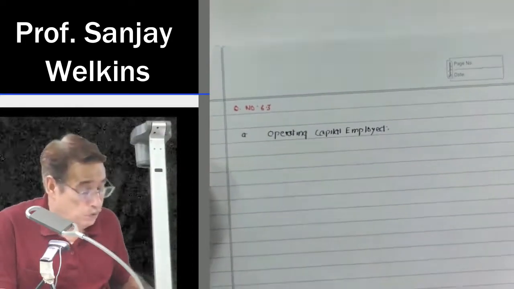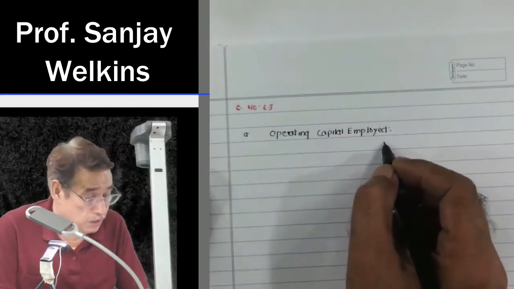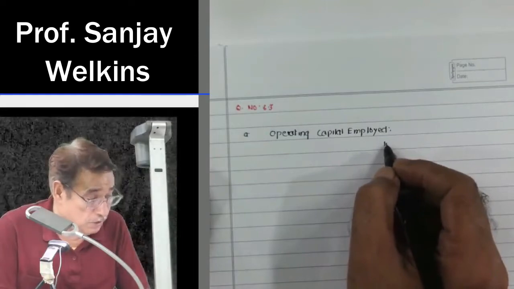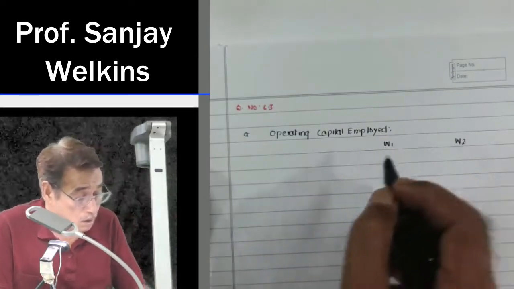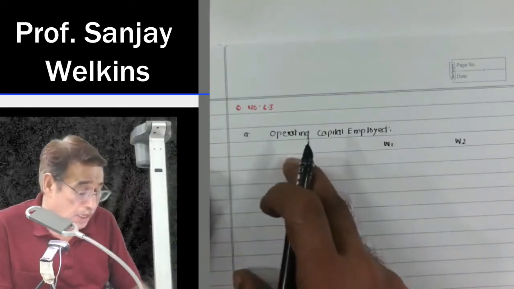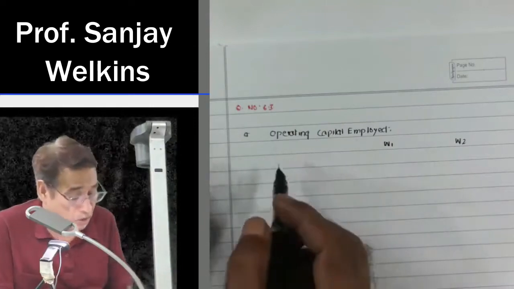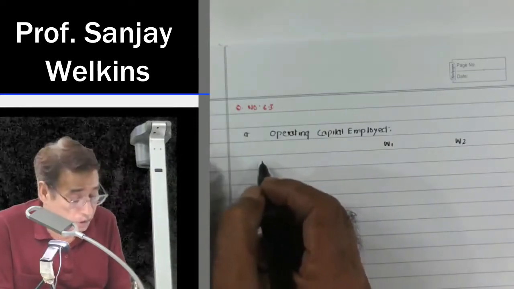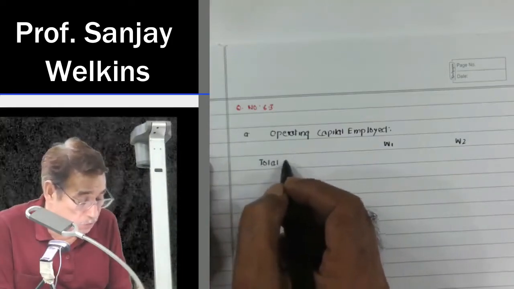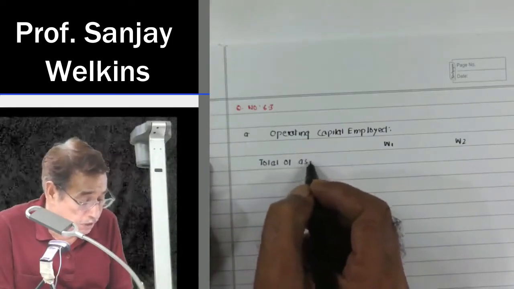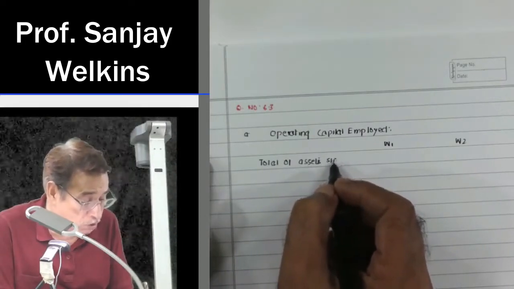In order to compute the operating capital employed, first of all I will write here F1 and then of course F2, W1 and W2, sorry. Actually, I will have to write all the assets, but instead of wasting our time, I take a shorter approach and simply write total of asset side.